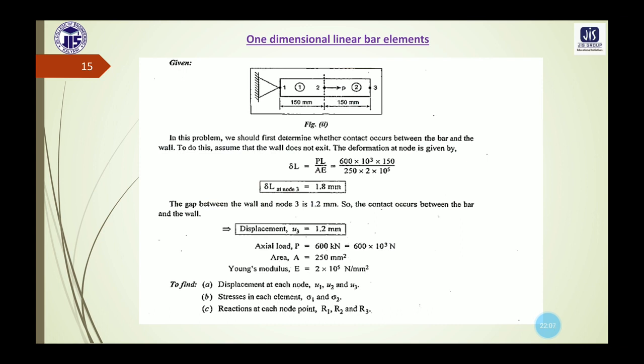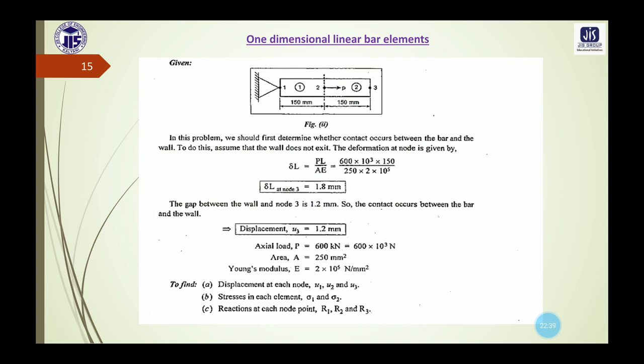Now in such type of problem, we should first determine whether the contact occurs between the bar and the wall. And for that, we need to assume that the wall does not exist. Now the deformation at node is given by delta L equals PL by AE. So the formula of such deformation we have studied in strength of material earlier.